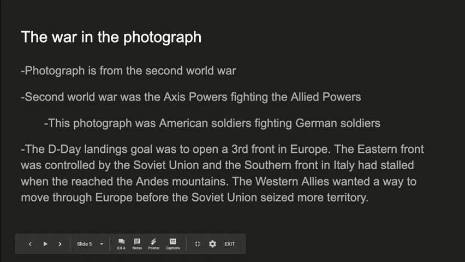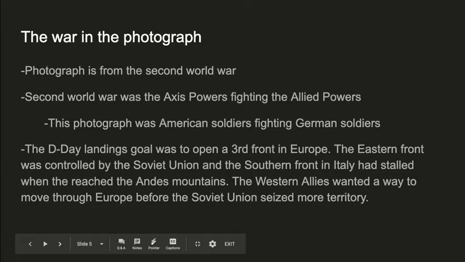But again, other powers were also involved in terms of different forces and units being available. This particular photograph was of American soldiers fighting German soldiers, although there are no German soldiers in the photograph, only American soldiers.